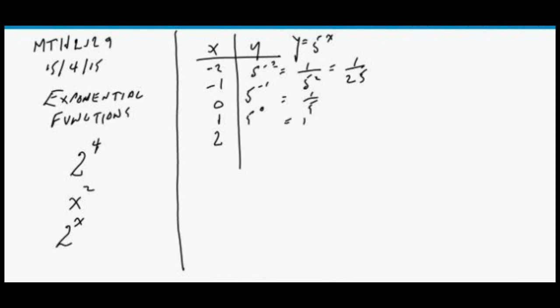Anything to the 0, 5 to the 0 is equal to 1. Now, I wanted to take note that when we talk about an exponential function, every exponential function passes through the point y equals 1.